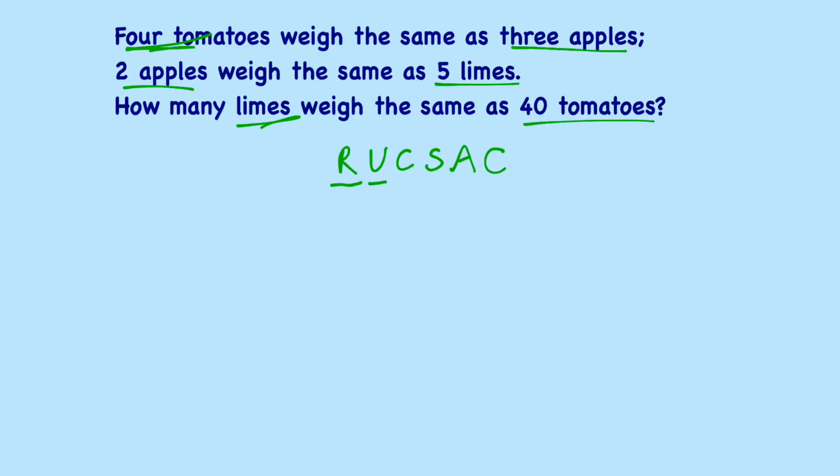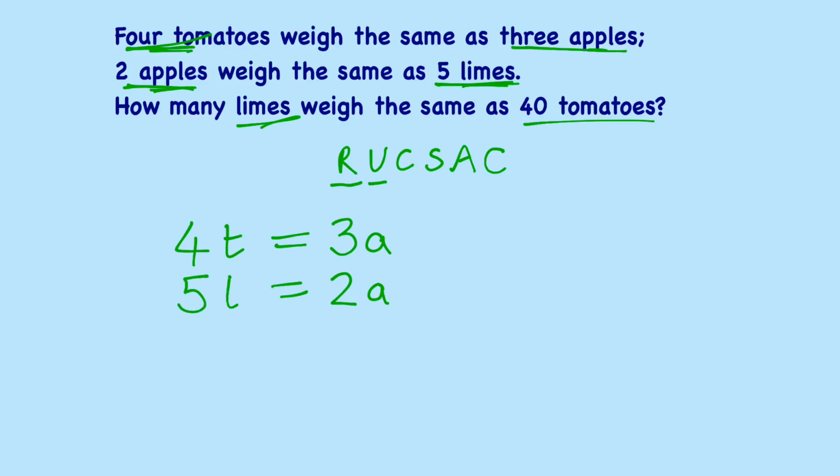So let's take the information that we've been given. We know that 4 tomatoes weigh the same as 3 apples. So I can write that down and say that 4T, T for tomatoes, is the same, an equal sign, as 3 apples. That's our first bit of information. We also know that 2 apples, and I've written it on the same side as where my other apples are just to make it a bit easier, weighs the same as 5 limes, so I'm going to put 5L.